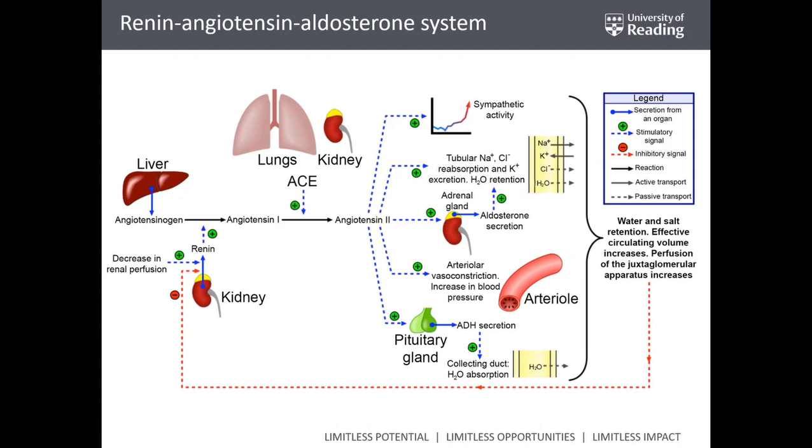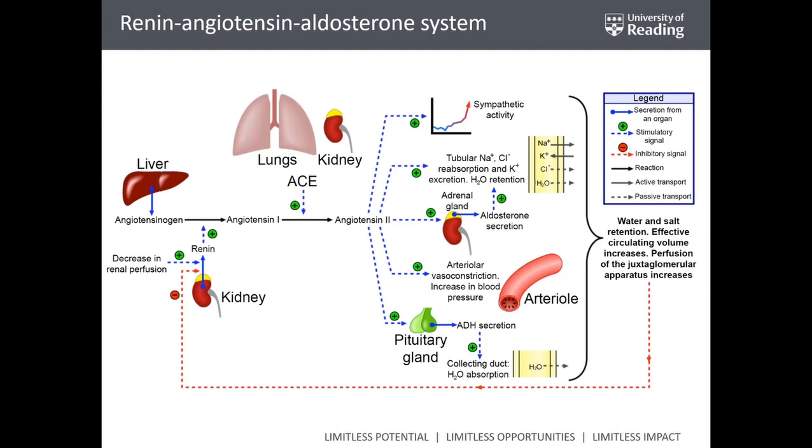Angiotensin 1 in the lungs is converted by the angiotensin converting enzyme into angiotensin 2. And angiotensin 2 does a lot of things. Two of the actions that we have already mentioned is the vasoconstriction of muscular arteries and arterioles, so by itself leading to a midterm, so to speak, increase in arterial pressure.